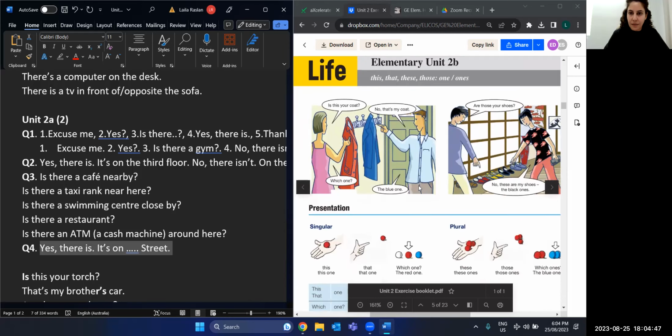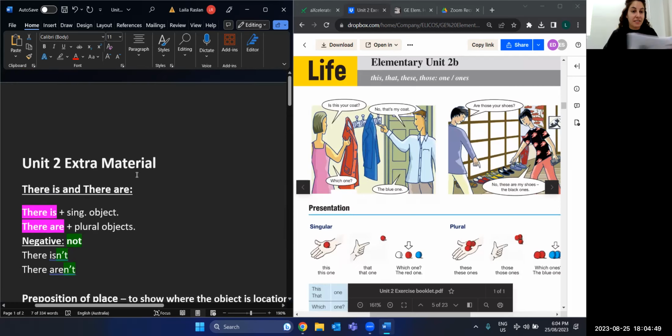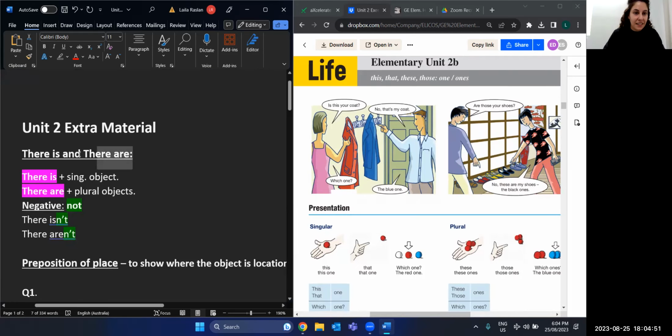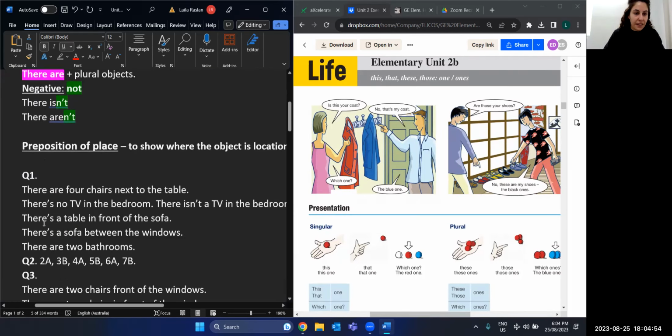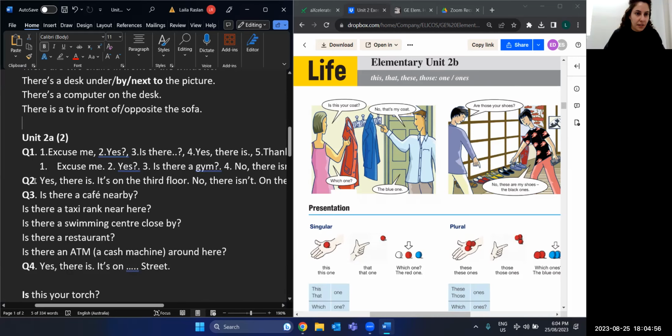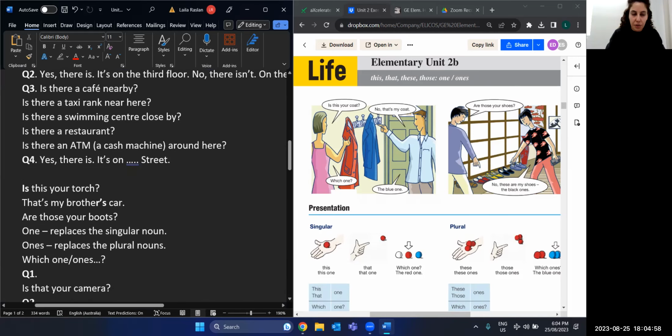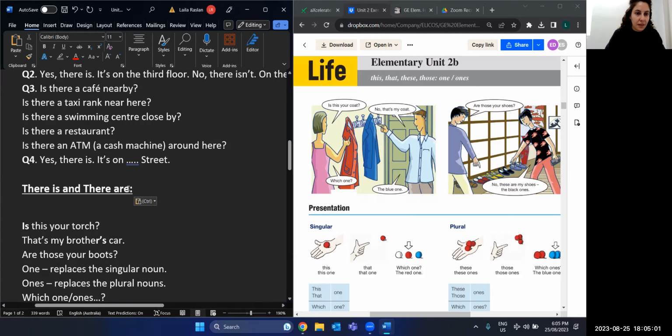So we saw some great videos last lesson about that. So we won't spend too much time going through the rules, but you should remember them. So this, I'll start with the close one. This is for near, and that is for far, and these for near, and those for far. So you've got the rules.